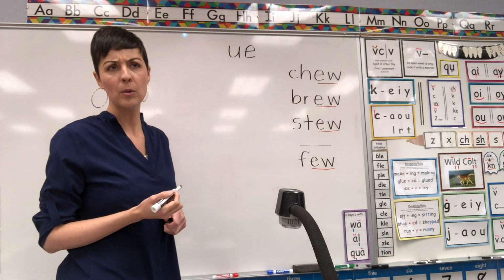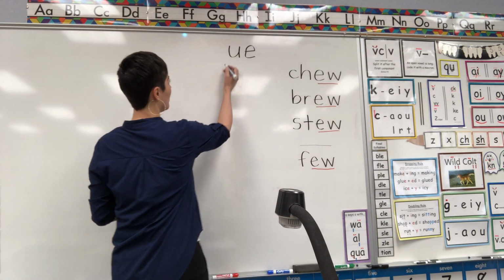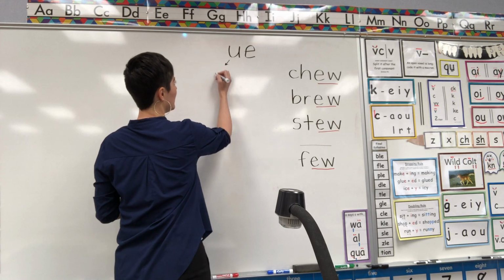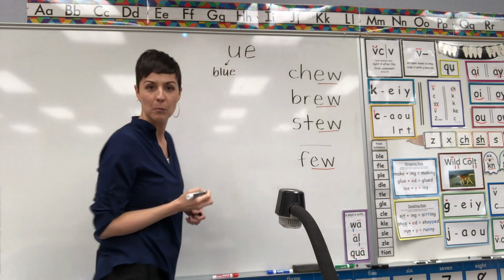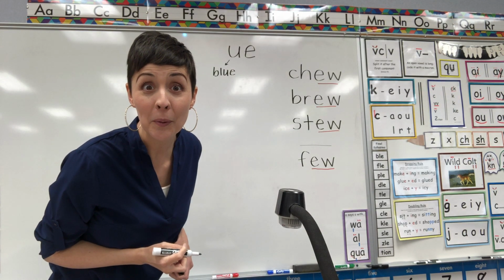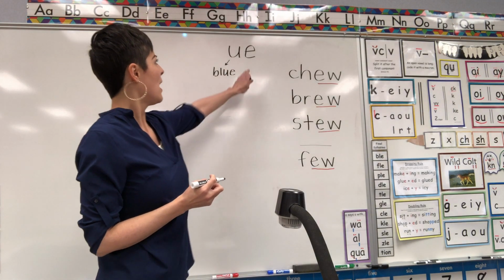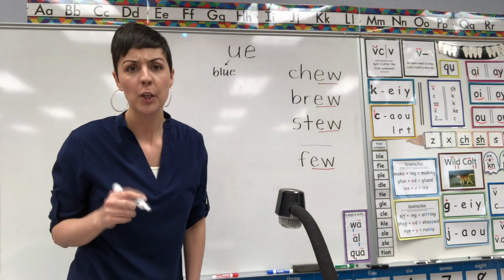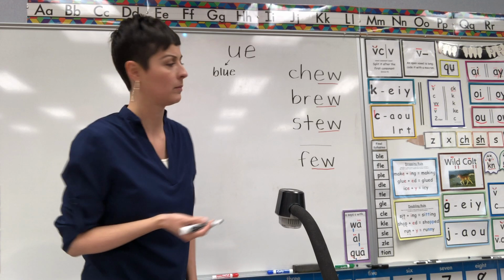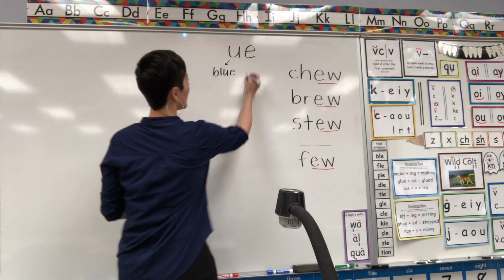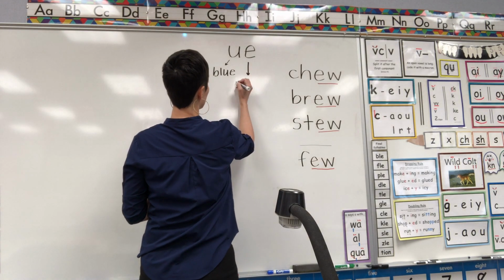And I said, ooh, ooh, ooh, like in the word blue, blue, ooh, ooh. And he said, yeah. And you taught us that it can say you, like in the word argue. Like you argue with someone, you get in a little argument or a fight.